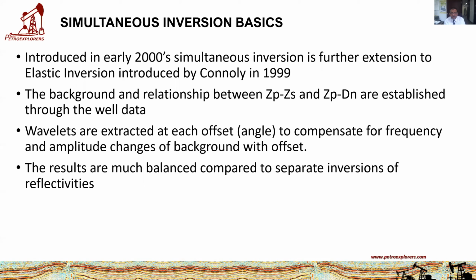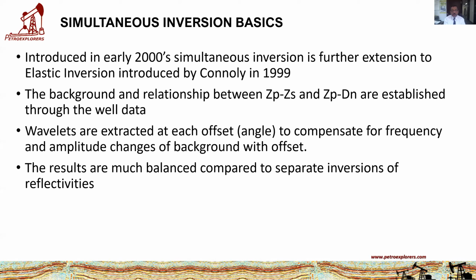So from that chi angle concept, we could put it together: if you have the angle gathers, you can actually invert all the angle gathers simultaneously, and then combine them as a combined solution that would be called simultaneous inversion.